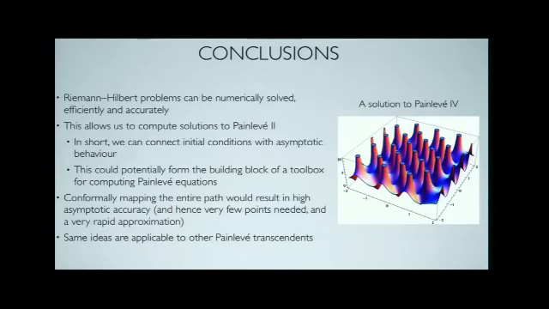So I think the conclusion is that using Riemann-Hilbert problems, we can accurately compute these nonlinear differential equations, as long as we use a properly formatted Riemann-Hilbert problem, which happens to be the one that's deformed along the path of steepest descent.